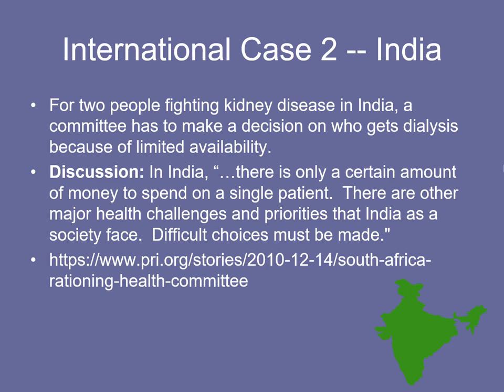Simply put, there's not enough dialysis, there's not enough kidneys, there's not enough hospitals many times in order to serve every need. And in the case of patients that are fighting kidney disease, some difficult choices unfortunately have to be made regarding patients who receive dialysis and some patients who don't.